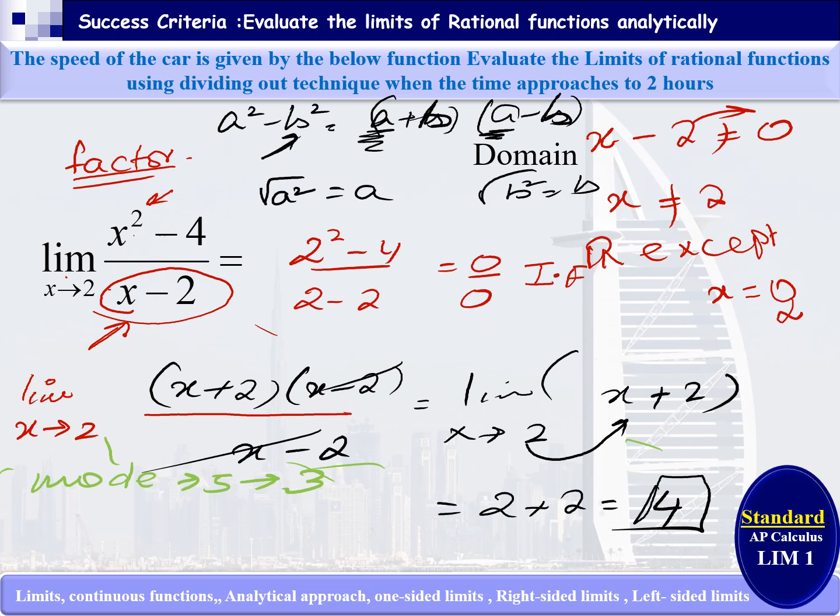You will have a window like this. You will have x squared, x, and a number. So here you write the coefficient of x squared, the coefficient of x, and on the last part is a constant number.